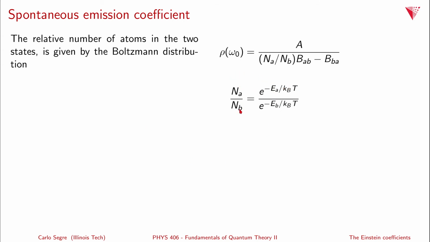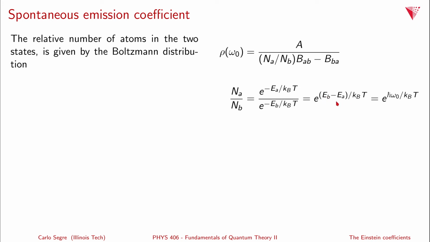So n sub A over n sub B is just equal to e to the minus E sub A over k sub B T divided by e to the minus E sub B over k sub B T. We can then combine these two exponents to get e to the E_B minus E_A over k sub B T. And that's the ratio n sub A over n sub B. And we obtained this from thermodynamics, and we can plop it right into this expression.